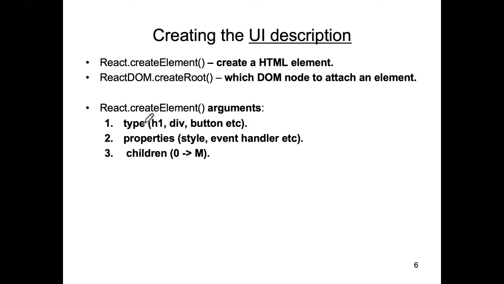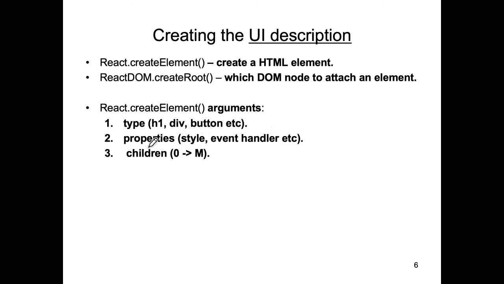Taking those two methods one by one, the createElement method, these are the arguments that you give it. You tell it what type of element you want to create, as in what type of HTML element. You might give it some properties. In particular, you might give it some CSS styling. You might associate an event handler with it. We had talked about event handlers the last day.